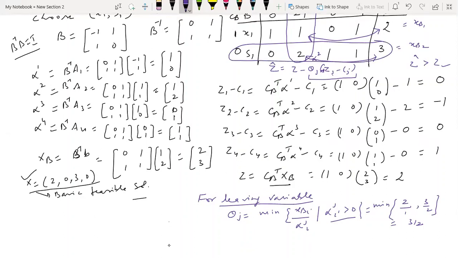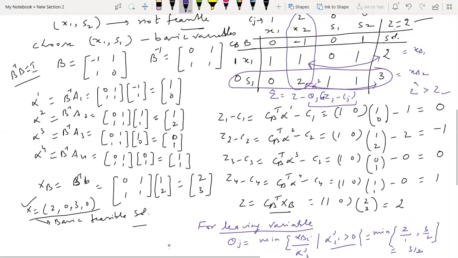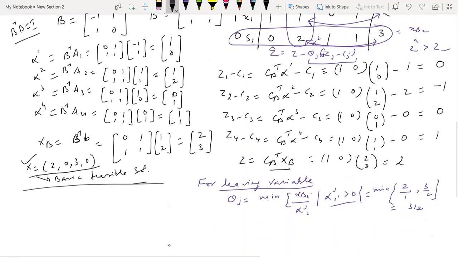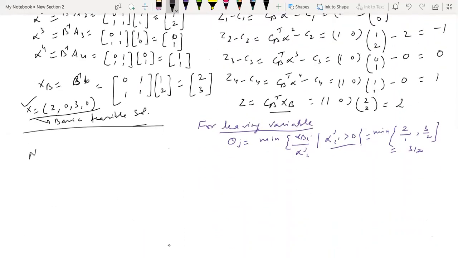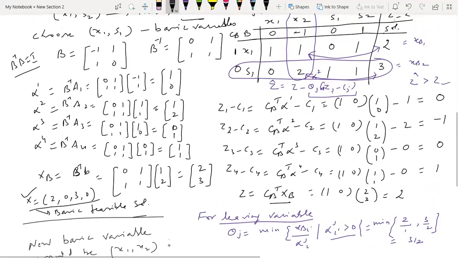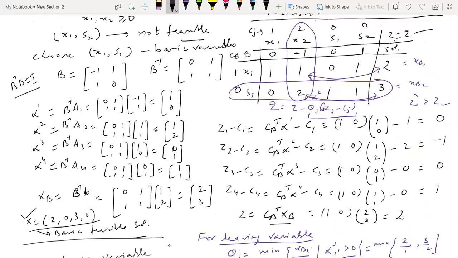Now here is the point. So x2 is going to enter the basis, and s1 is going to leave the basis. So my new basic variables would be x1, x2, because s2 has been replaced by x2.